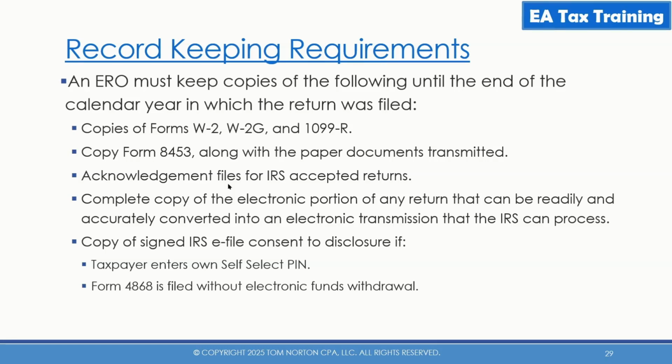A complete copy of the electronic portion of any return that can be readily and accurately converted into an electronic transmission that the IRS can process. So if the IRS asks you to submit the return again, you need to be able to do so. And then a copy of signed IRS e-file consent to disclosure if you meet either of these that is seen on the screen, if the taxpayer selected their own PIN, or if a 4868 is filed without electronic funds withdrawal.